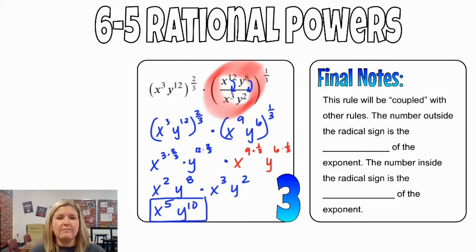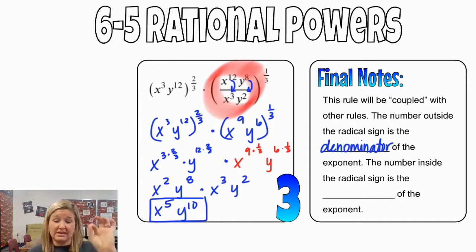I would say most of the time you're going to see this rule coupled or layered with other exponent rules. But if it's just by itself, remember that the number outside of the radical sign is going to be the denominator of the exponent.